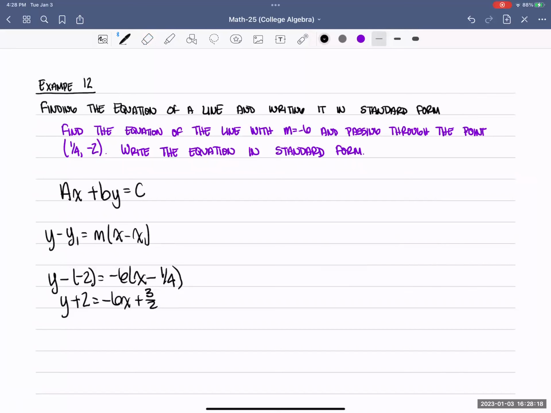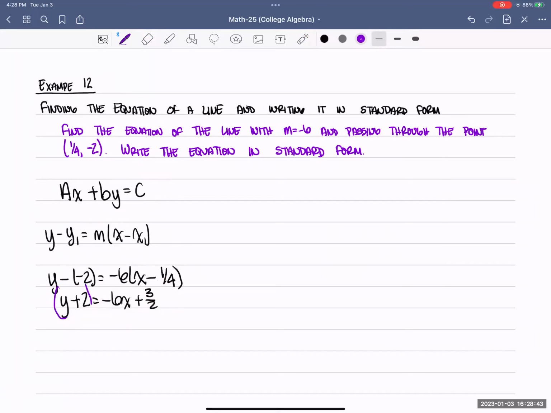And from here, what I really want to do is clear that fraction, because remember, when we put it in standard form, these should all be integers. They should not be fractions. They should be whole numbers. So to get rid of this fraction, we're going to multiply by the LCD, the least common denominator. So we multiply both sides by 2.